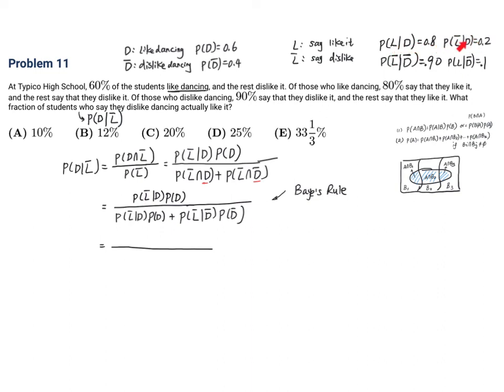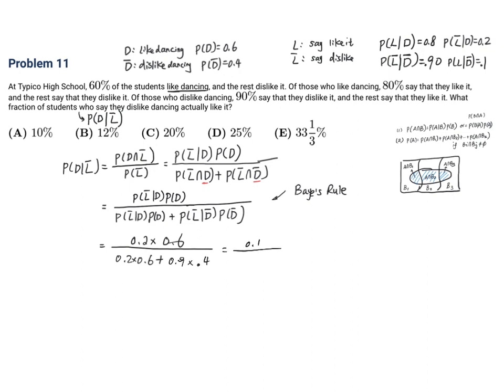We just need to look up the information carefully. So this is going to be 0.2 times the probability of D, which is 0.6, divided by 0.2 times 0.6 plus the probability of L bar given D bar, 0.9, times the probability of D bar, 0.4.